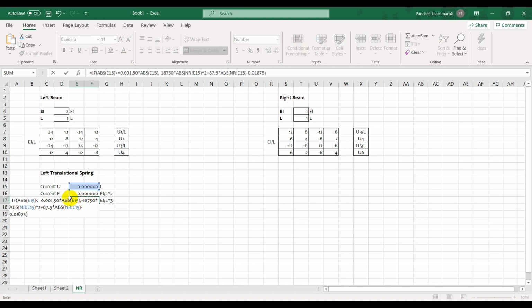And put in here, I just need to use the condition there. But for the stiffness, it will be equal to 50, right?